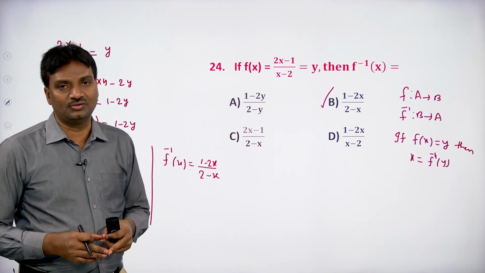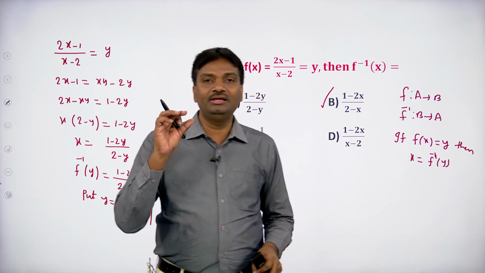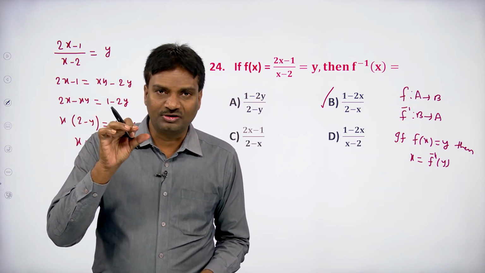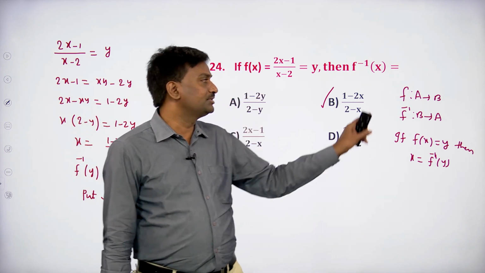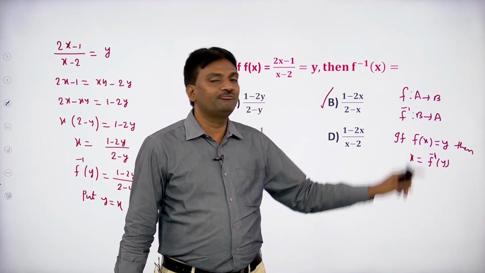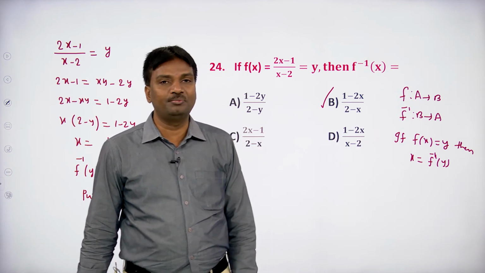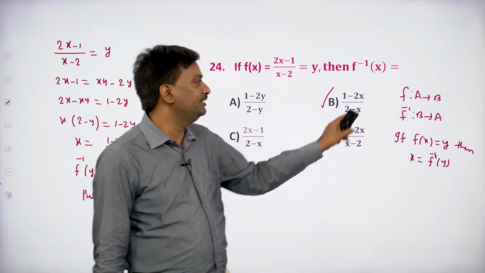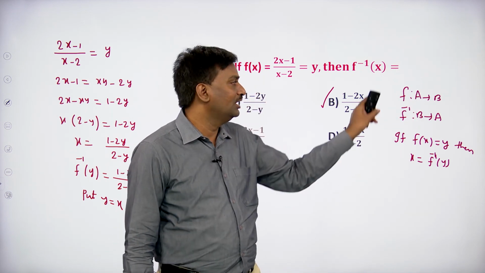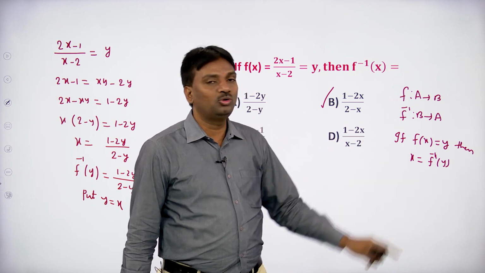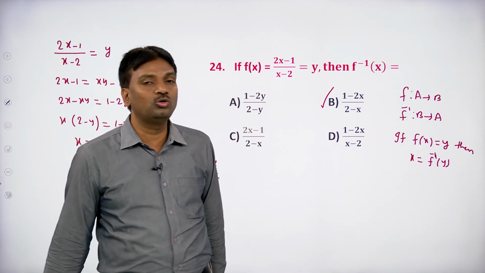According to the definition of inverse function, a function f that maps A to B must be a bijection to define its inverse. If f maps A to B is a bijection, then the inverse of f, that is f inverse, maps B to A. For the function f, the domain is A, the codomain is B. But for the inverse of f, the domain is B and the codomain is A.